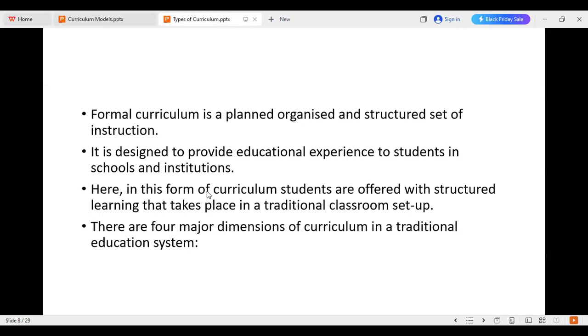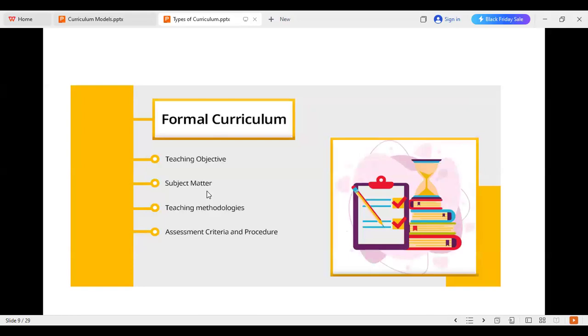You know the focal point. From the objective matter, teacher is one criteria and procedure.